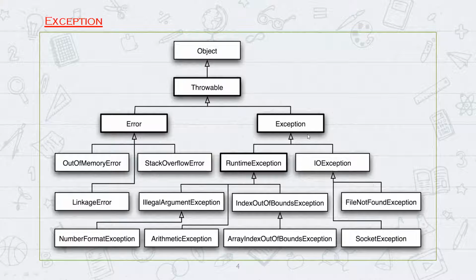Let me explain this part. Exceptions are like programmable exceptions. For example, you are trying to find something in a string, the string length is 30 characters, and you're trying to find the character at the 60th location.